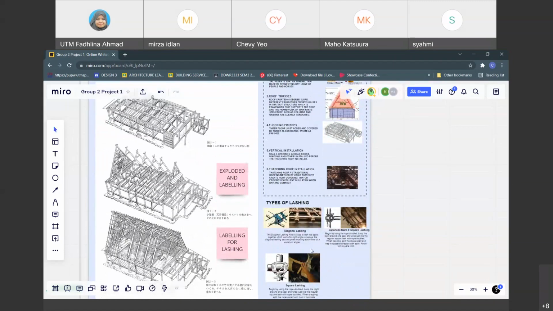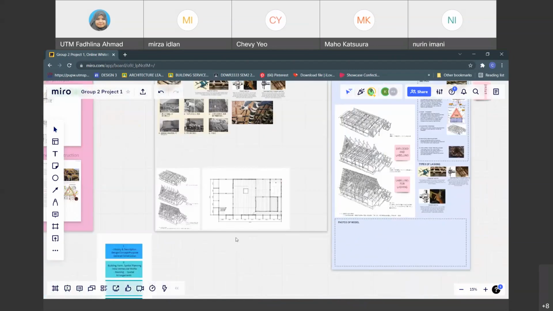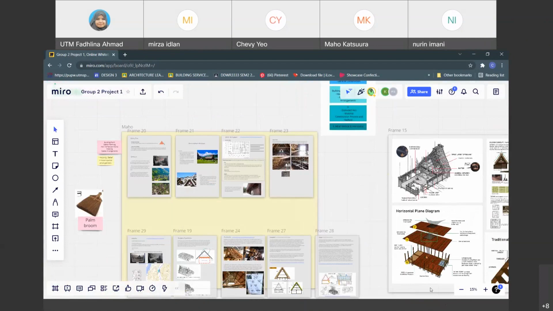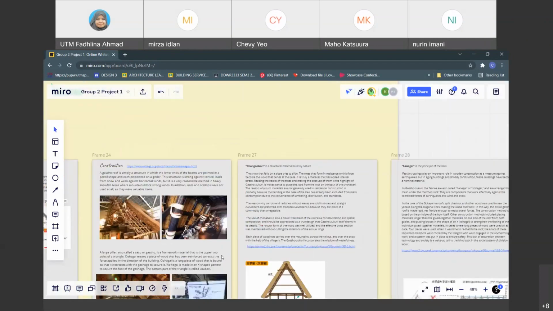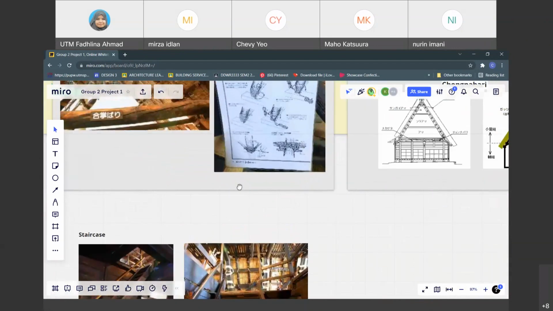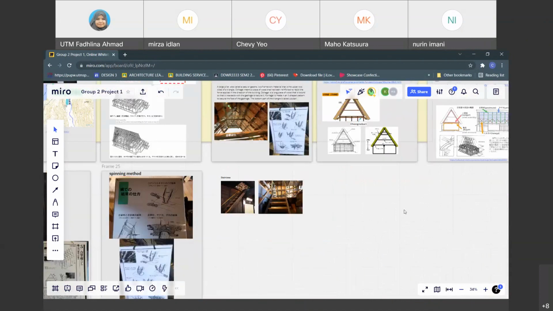Is there any tongue and groove used in this kind of building? In the staircase, I think there is. So you need to put it in your presentation board later. Please don't forget.